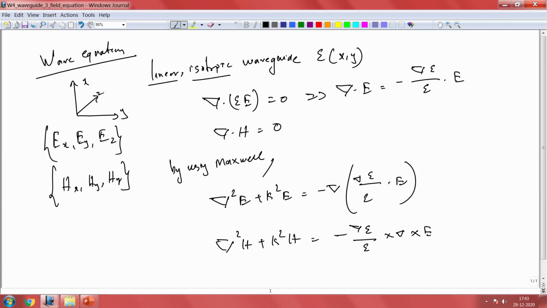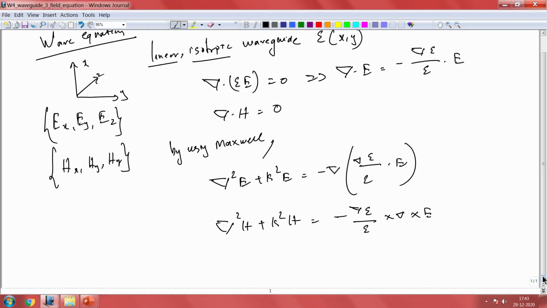So, this is what we have once you apply the Maxwell equations. There are three components here: Ex, Ey and Ez for the electric field. They are generally coupled together, right, because your delta epsilon is non-zero in a waveguide structure. For the same reason Hx, Hy and Hz are also coupled, right. So, all these components are coupled, as I mentioned.